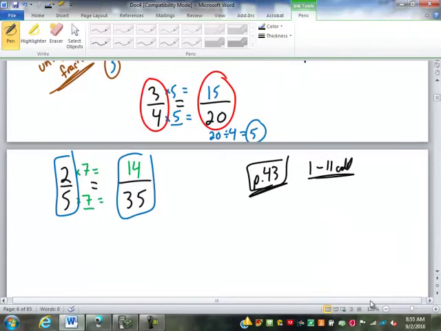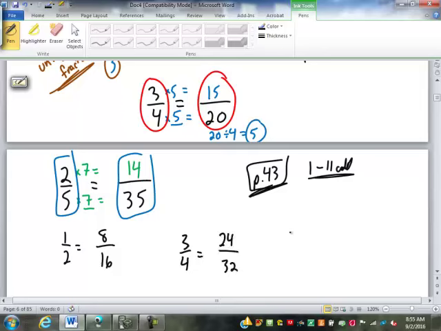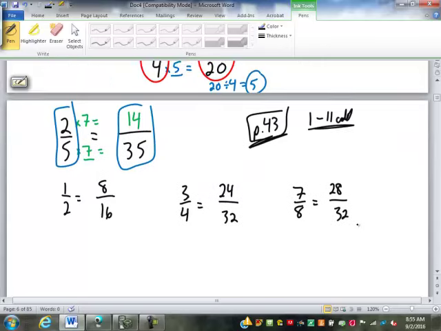So looking at page 43 there, number 1, 1/2 becomes how many 16ths? 8. Very good. For number 3, 3/4 becomes how many 32nds? 24. Good. Number 5, 7/8 becomes how many 32nds? 28.